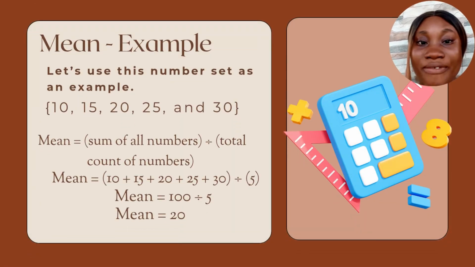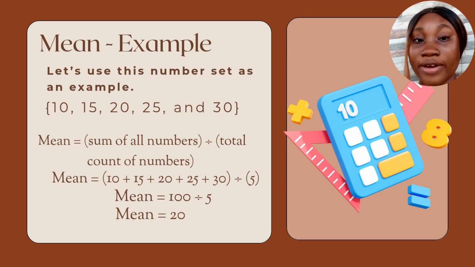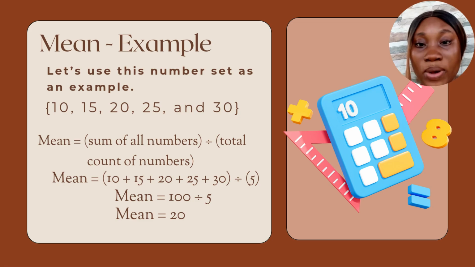So for example, now I have a number set. In this number set, I have the numbers 10, 15, 20, 25, and 30. What I'm going to do is try and find the mean, which means I should find the average of this number set. I said add up all the numbers in the number set. So I'm going to go 10 plus 15 plus 20 plus 25 plus 30. Now divide it by how many numbers make up that number set. I have five numbers in that number set.